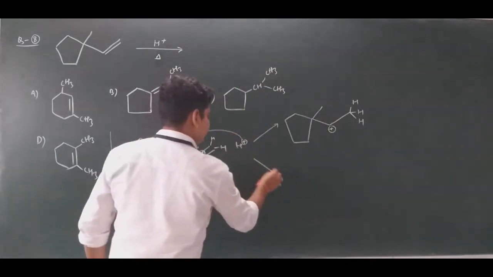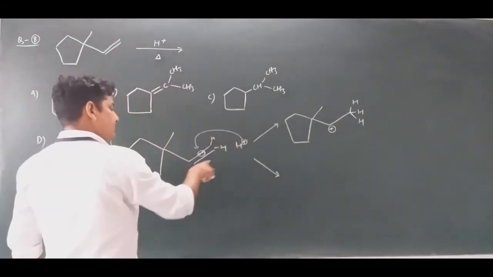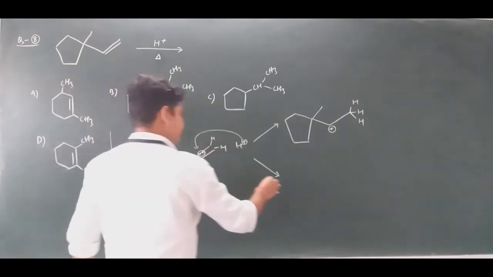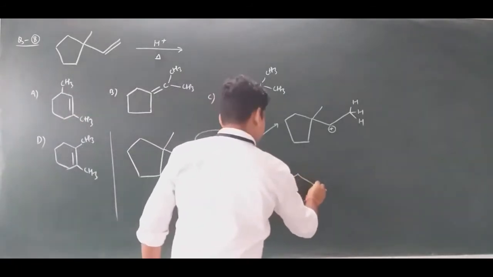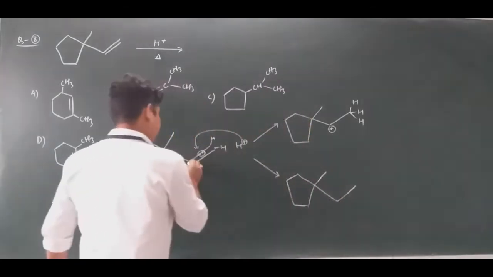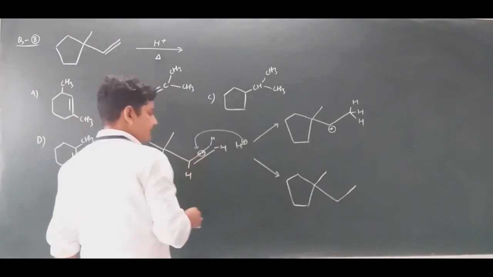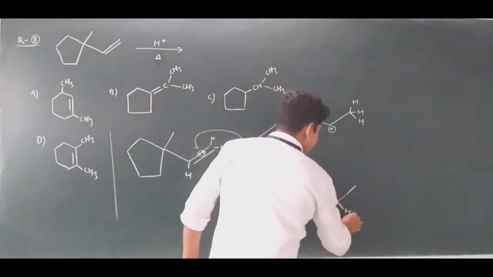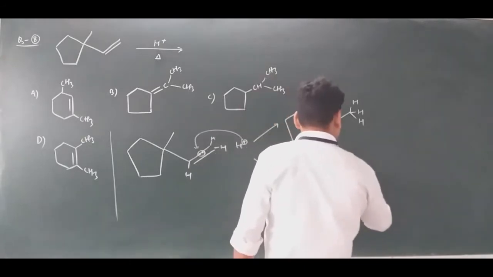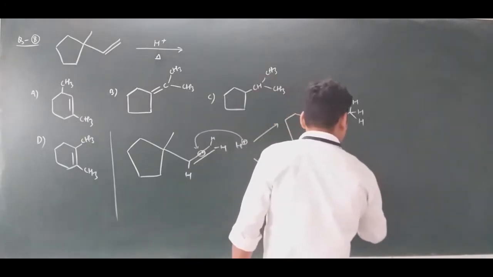If the H plus is added in the form of hydrogen at the other position, then the plus charge will be there, where one H was already present and one is now added, so there are two H and one plus.